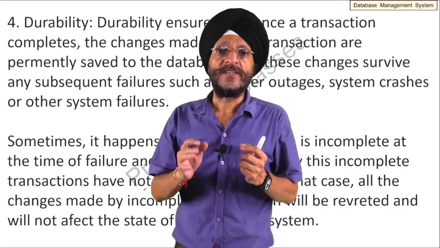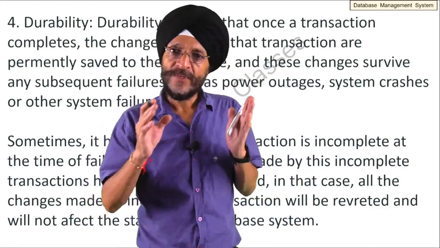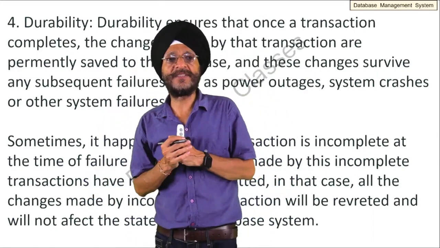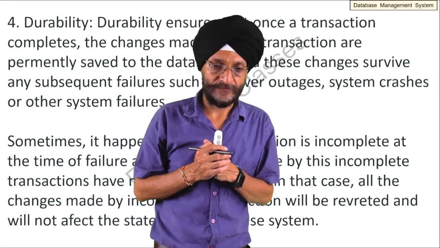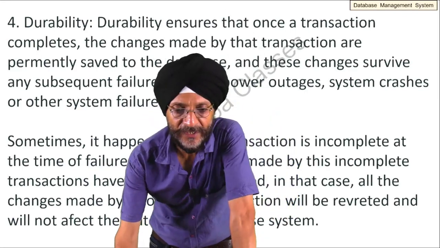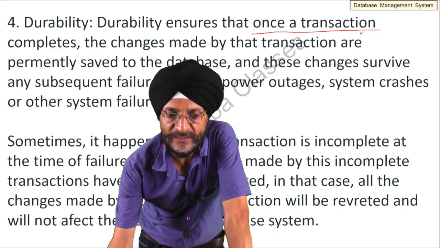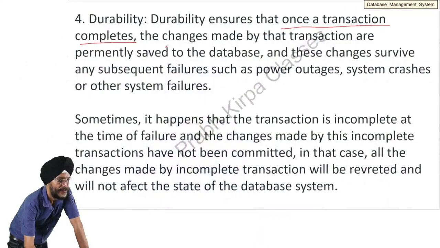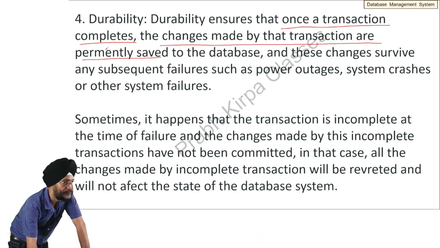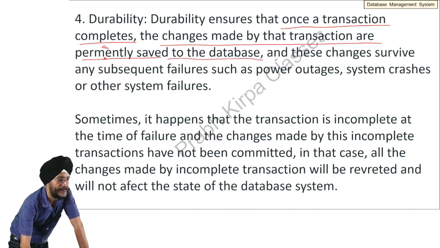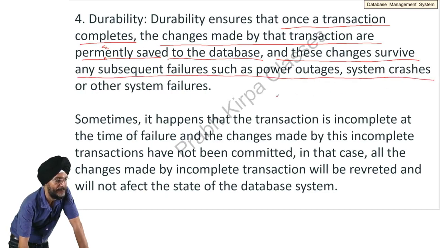Now the next ACID property of DBMS is durability. Durability ensures that once a transaction completes, the changes made by that transaction are permanently saved to the database, and these changes survive any subsequent failures such as power outages, system crashes or system failure.